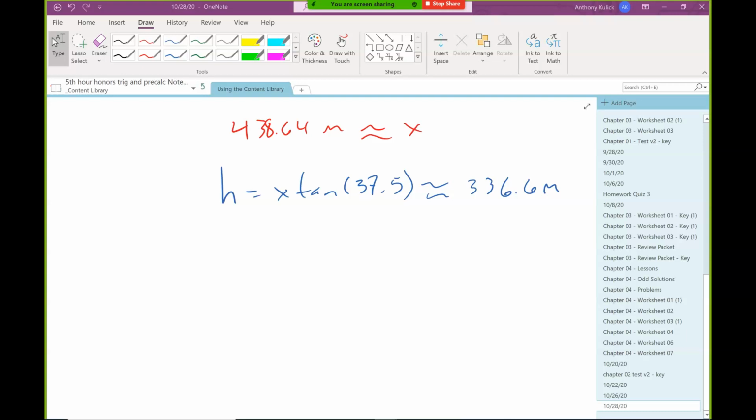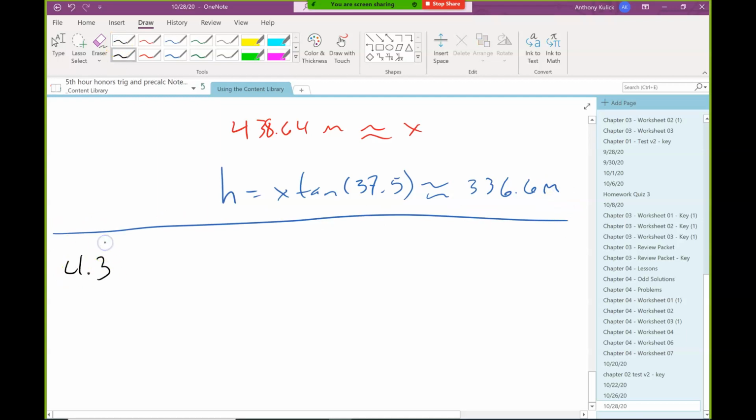Let's talk about section 4. This is about applications of, and really what we're talking about in this section is vector problems.